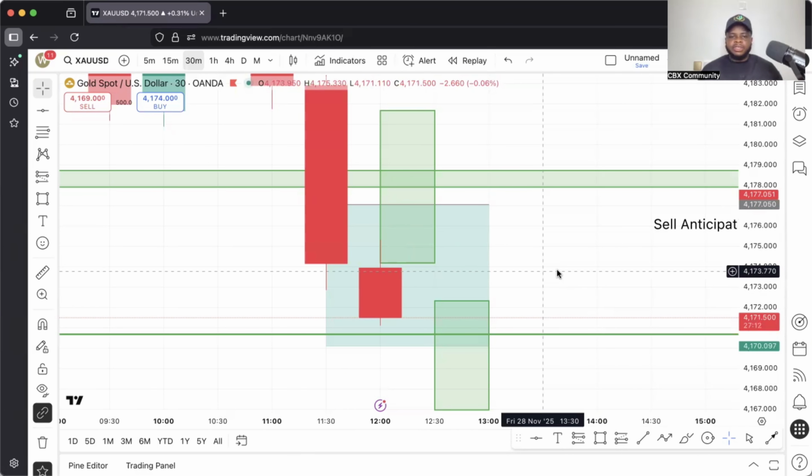So right now, we are still anticipating the candle to drop to our take profit. Here, these are our take profits.